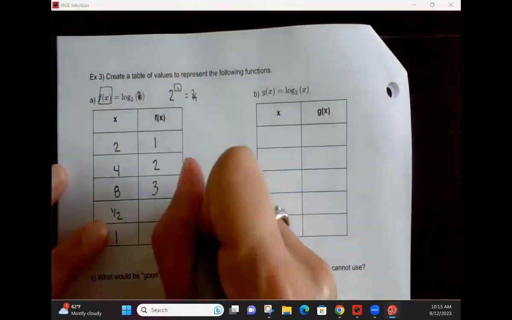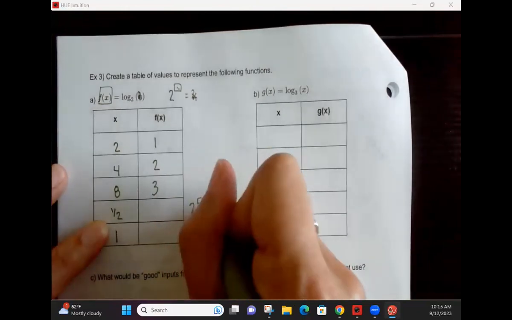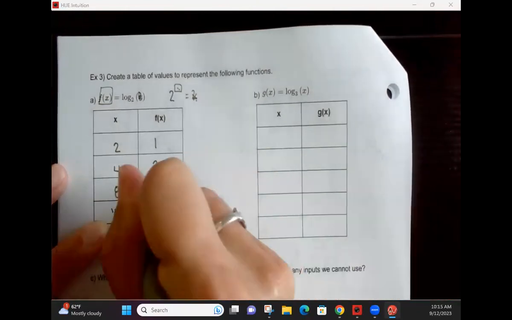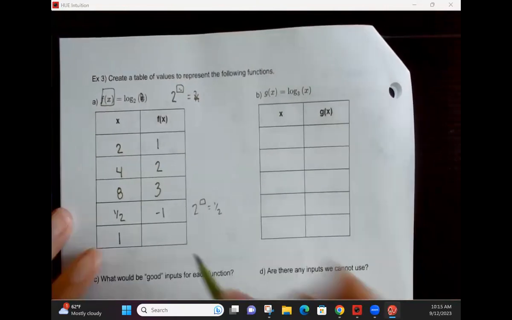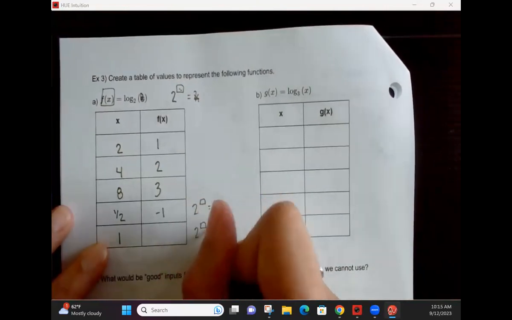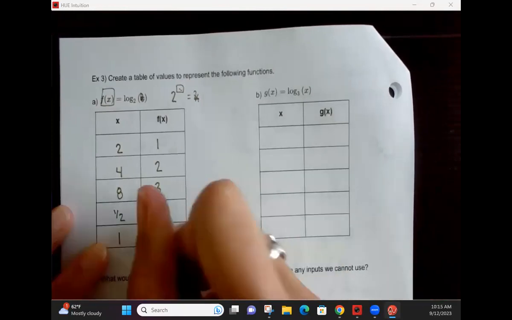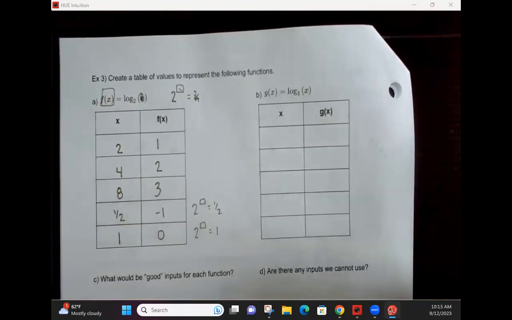If I have a half here, 2 to what power gives me a half? 2 to the -1st would give me a half, right? Take the reciprocal. 2 to the what would give me 1? 2 to the 0, as we talked about a minute ago. Okay. A 1/4 wouldn't be too bad. 1/8 would be okay as x values.